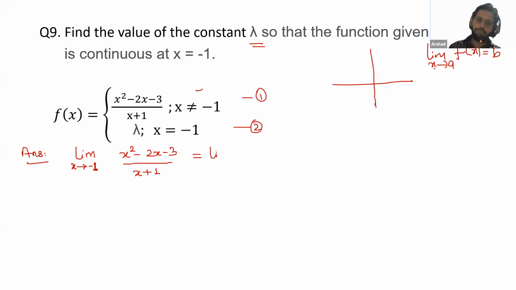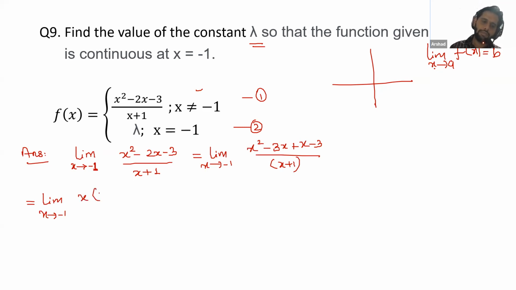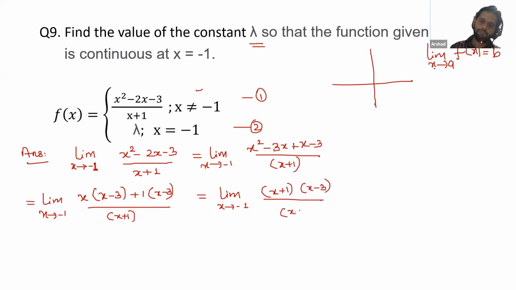Now this is equal to limit x tends to -1. Rationalize the numerator, x square minus 2x minus 3 by x plus 1. So here you will get limit x tends to -1, x plus 1 into x minus 3 by x plus 1.